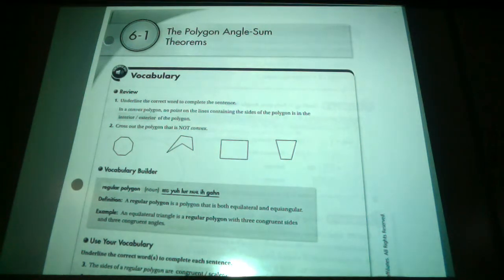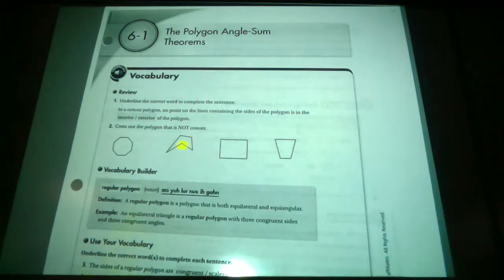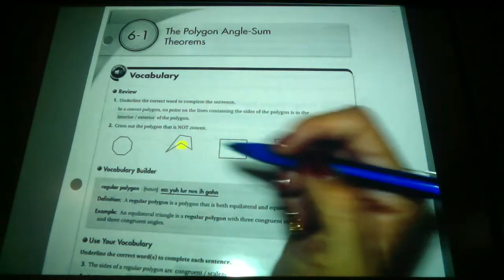Convex, it would be that all vertices would be pushed out. It'd be like you being inside the polygon, and you're pushing on every single vertex out. Whereas concave, one of the vertices is caved in, like this one. See how that's caved into the middle? So that one right there is your concave.